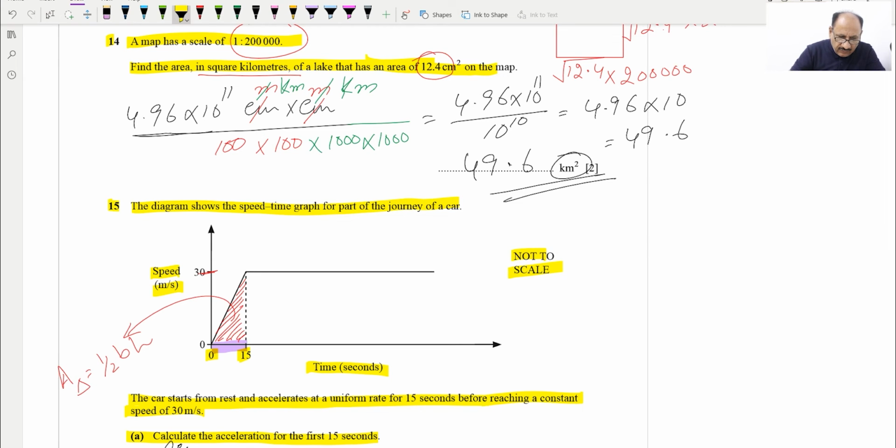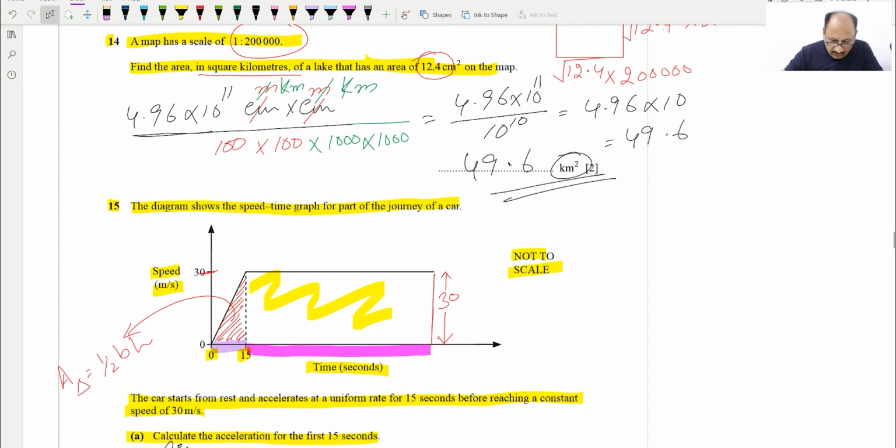This is area for this portion, and we need to find the other side, which is like here. So this side we need to find, and we know height is 30. So this height will be from this point till this point will be 30, and we need to find the other side, which is like this side we need to find.